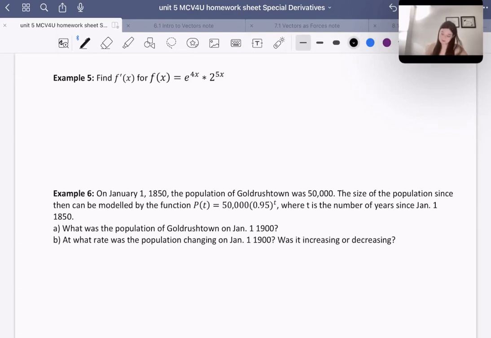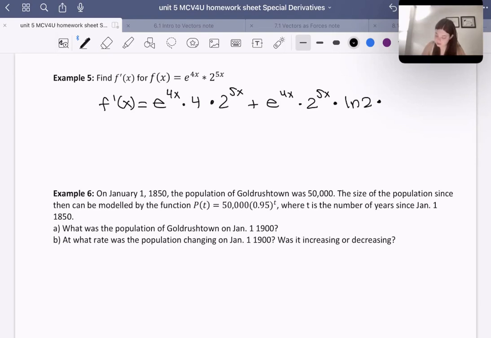So if we apply the product rule here, we're going to get e to the 4x times 4, right? Derivative of the first times the second. So I'll just copy the second. And then plus the first one times derivative of the second, which is just going to be the original times ln 2, right? Ln of the base times 5.